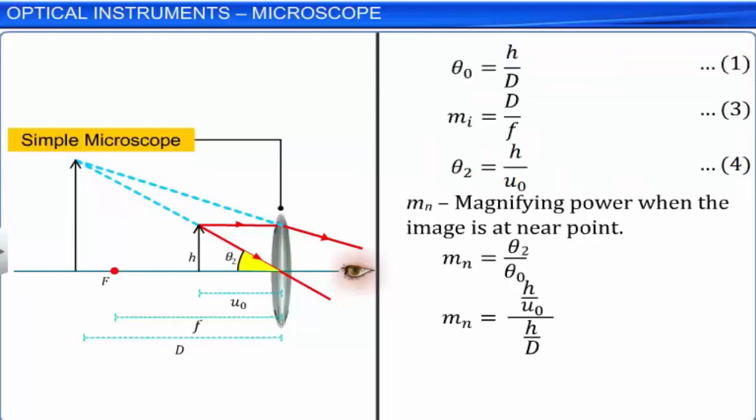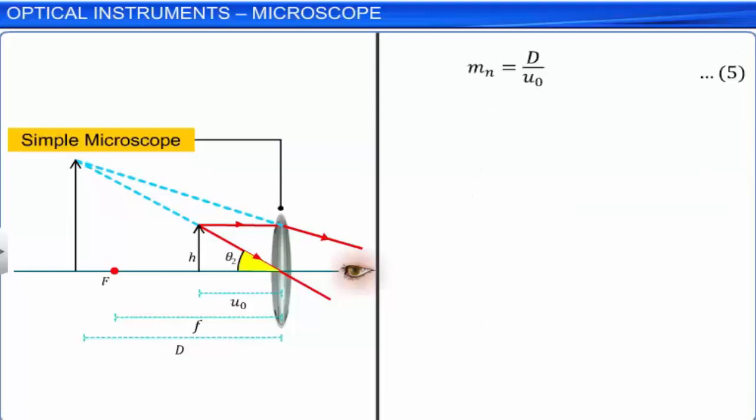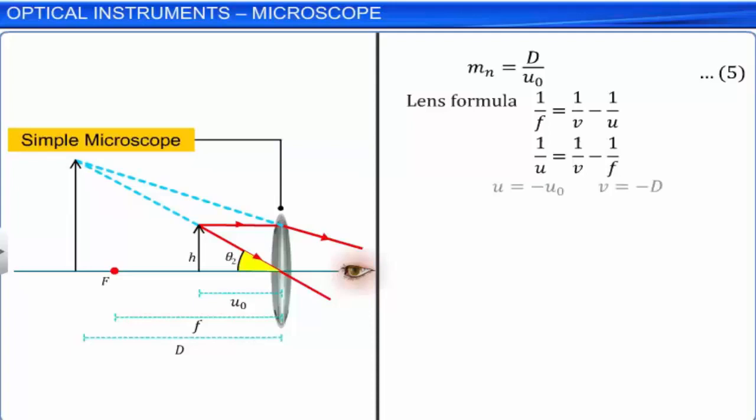Substituting these values in the lens formula and then multiplying both sides with minus d, and on further simplification, we get d by u0 is equal to 1 plus d by f. On comparing this with equation 5, we get mn is equal to 1 plus d by f. Let this be equation 6.